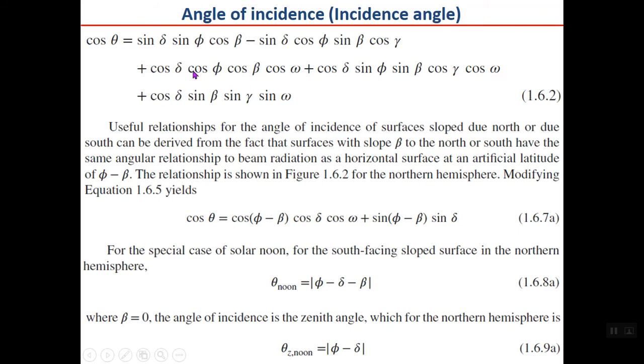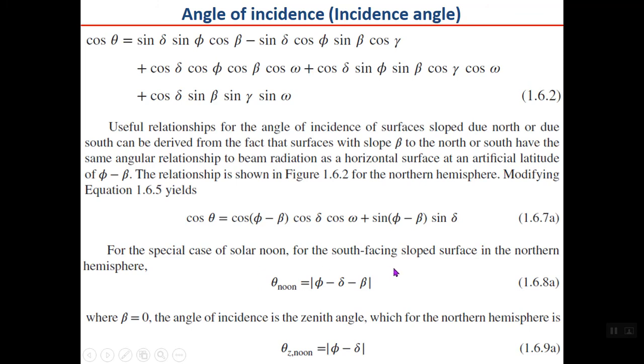Coming back to the equation for cosine of theta, you may also derive useful relations if you make some changes to the equation. You can write the equation in this form. And for the special case of solar noon, you may remember that solar noon is the time when omega is 0, actually when the sun is in the middle of the sky.